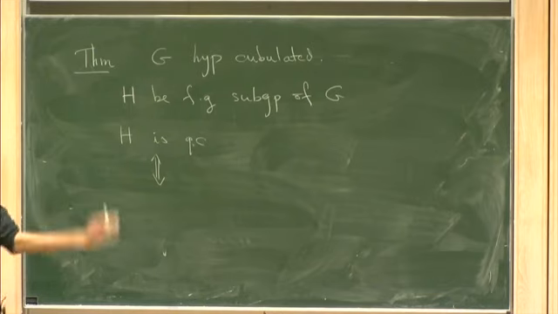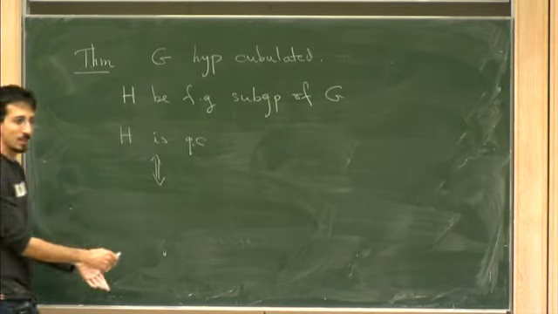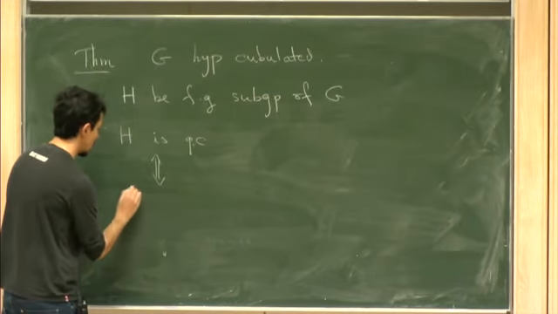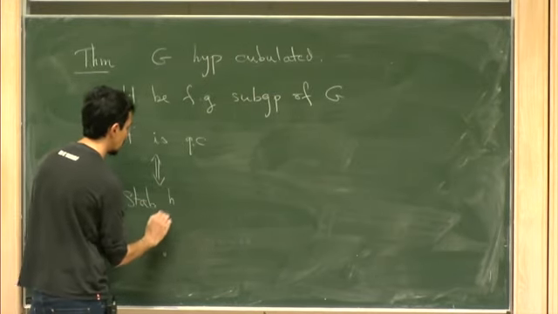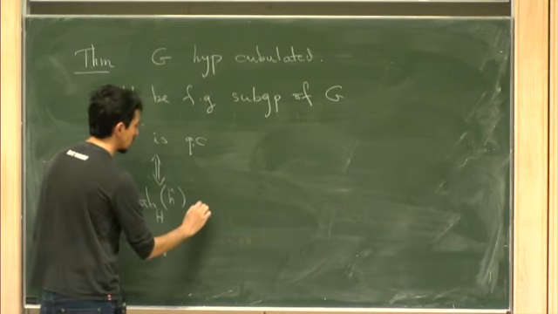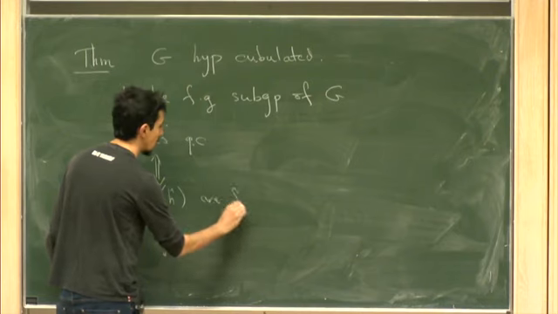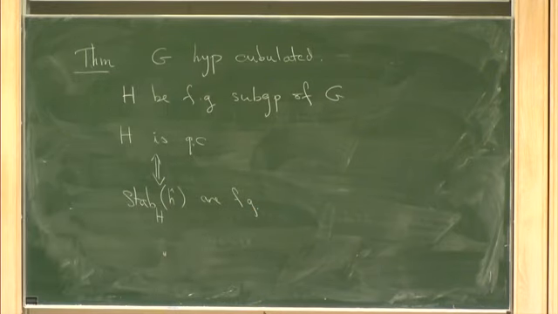Okay, so out of this, I'm only going to take finitely generated. So the stabilizers of hyperplanes in H are finitely generated. This is not enough.